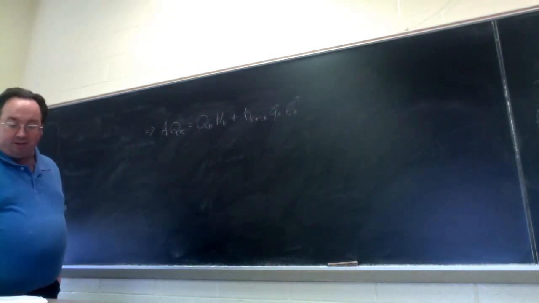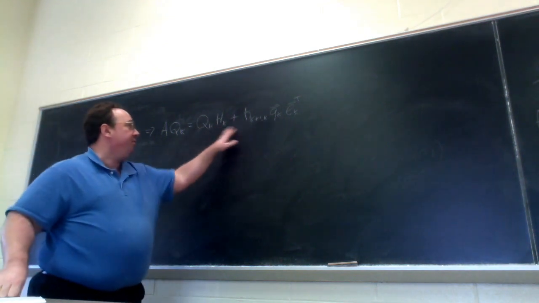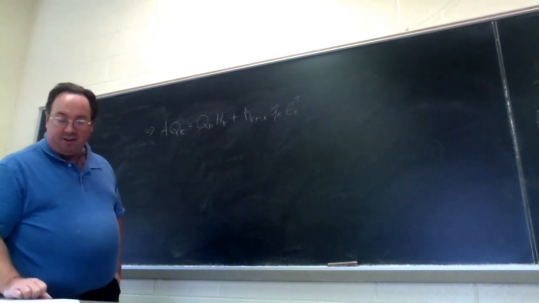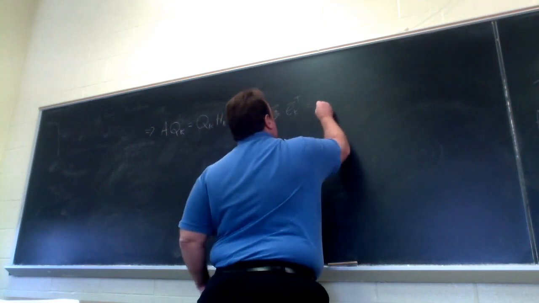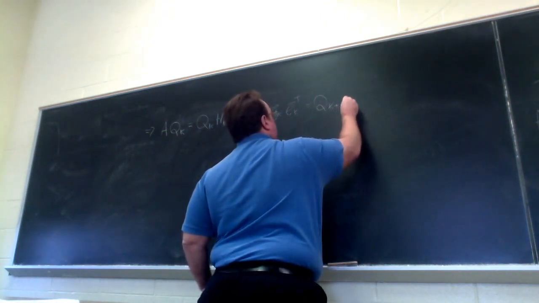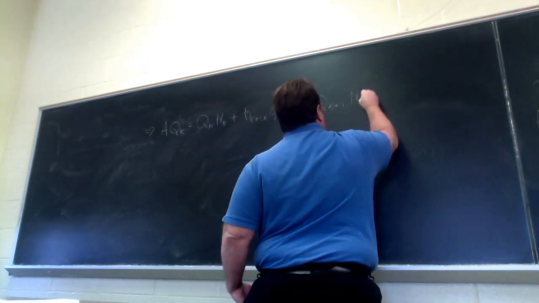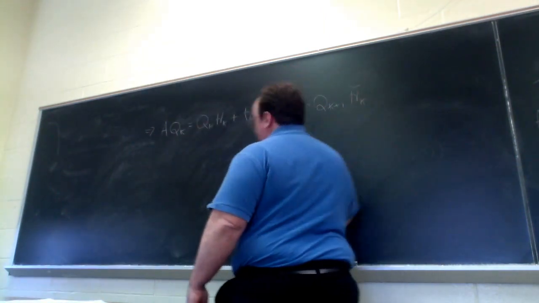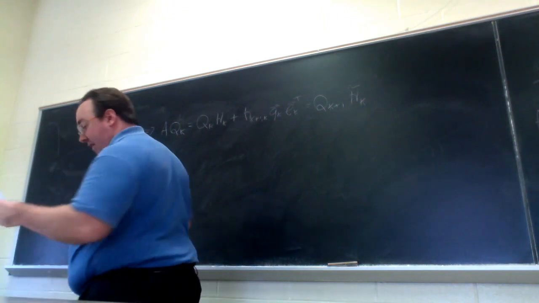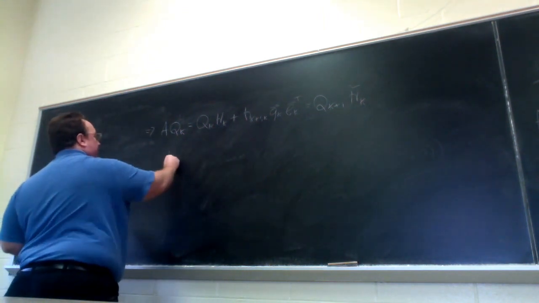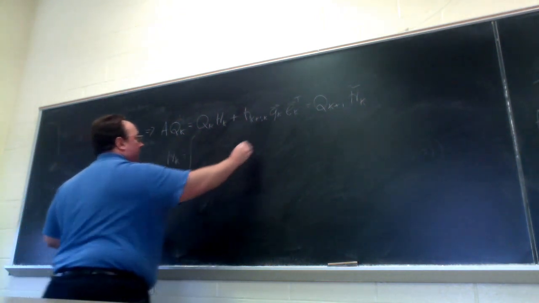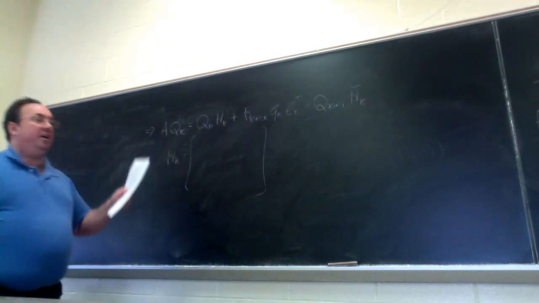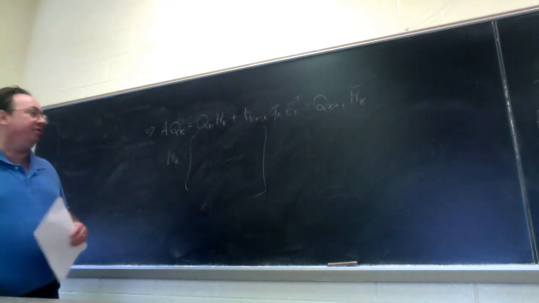Or what I can do is put these two terms together into one product, and that would be capital Q_{k+1} H_k tilde, where this matrix H_k is a collection of all of my little h's that I had before.